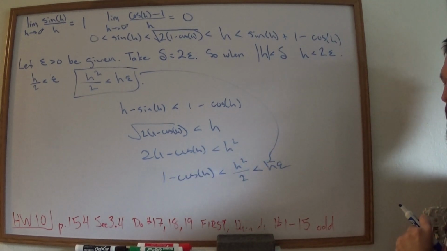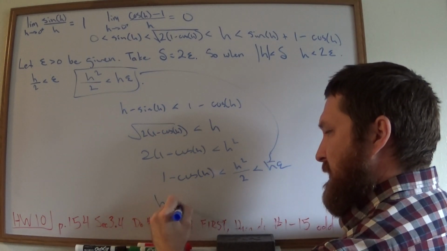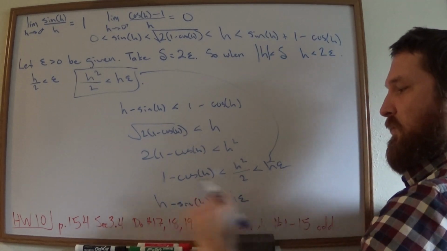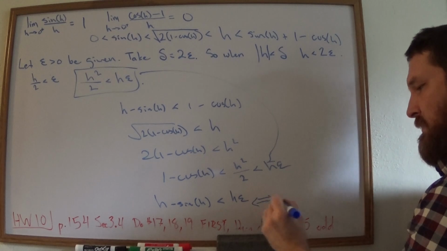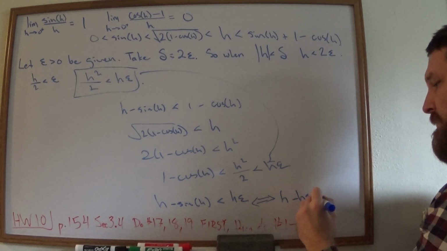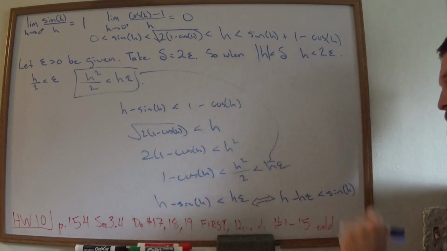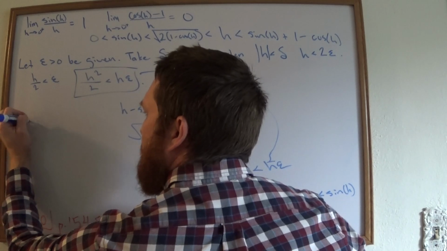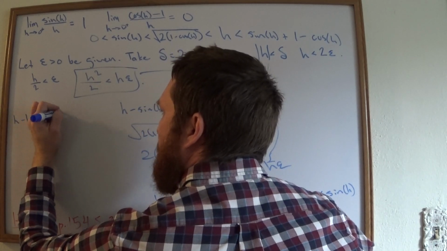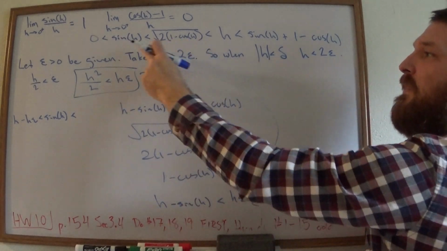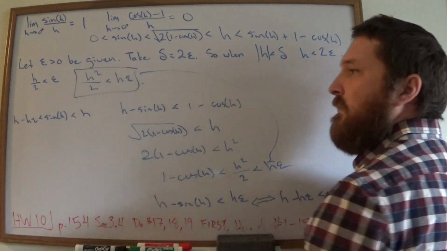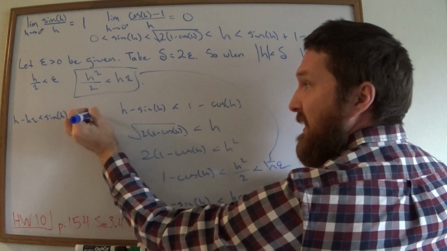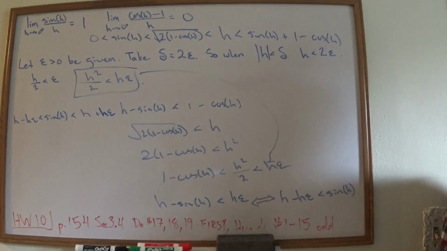So h minus sine h is less than h epsilon, so that h minus h epsilon is less than sine h. And we know that sine h is less than h, also less than h epsilon.